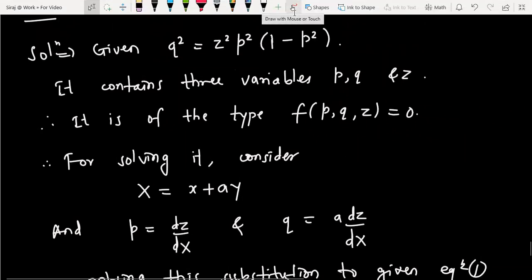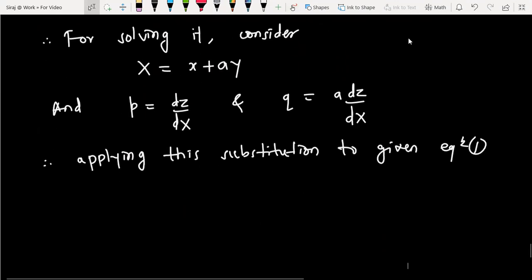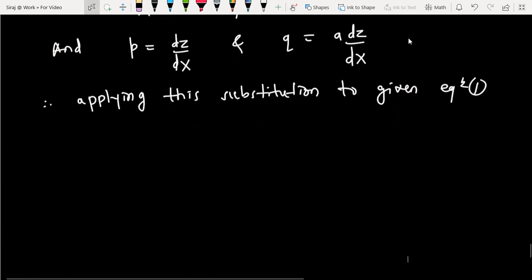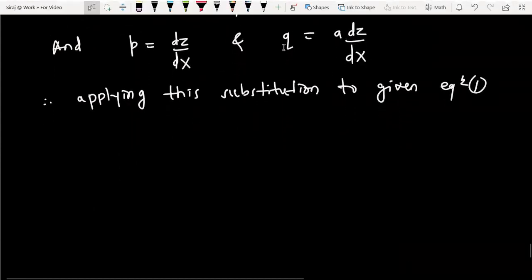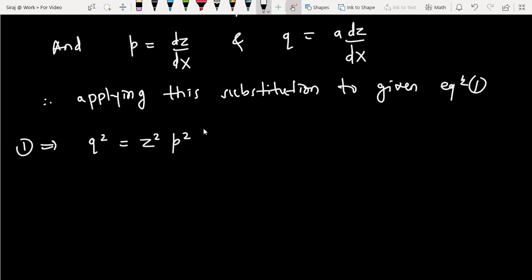Q square is equal to z square p square in bracket 1 minus p square. Mark it as equation number 1. So we write the same equation and then apply the substitution. So here given equation 1, it is q square, it is equal to z square p square in bracket 1 minus p square.